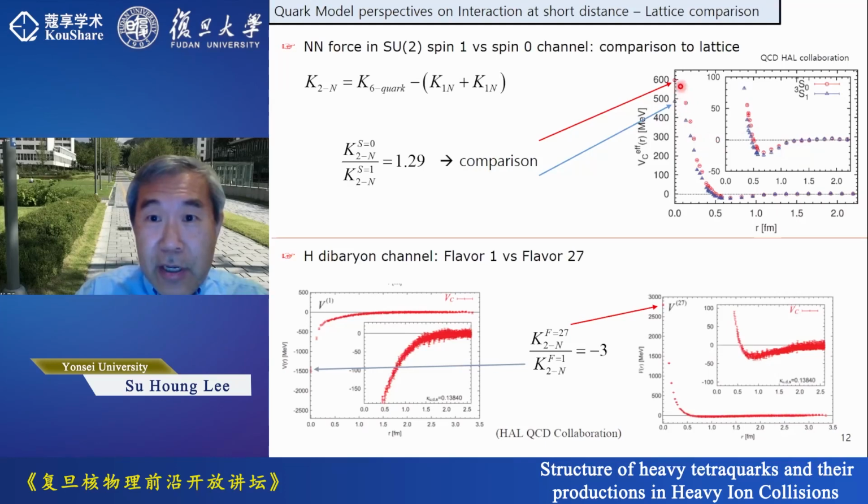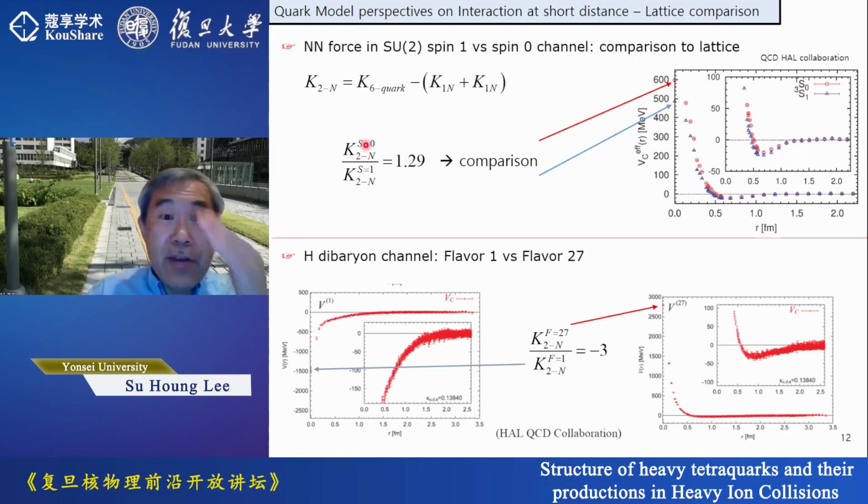If you look at the lattice calculation very carefully, there is a difference between the spin 0 and spin 1 channels. The spin 0, isospin 1 channel is systematically slightly more repulsive at short distance compared to the spin 1 channel, and this ratio is something like 1.2.